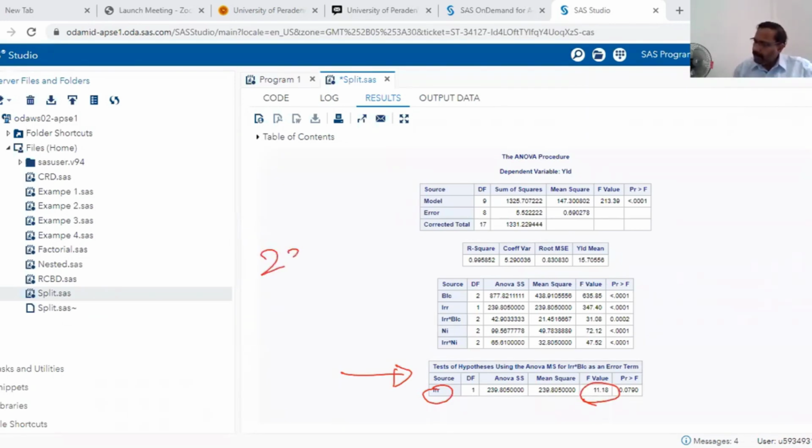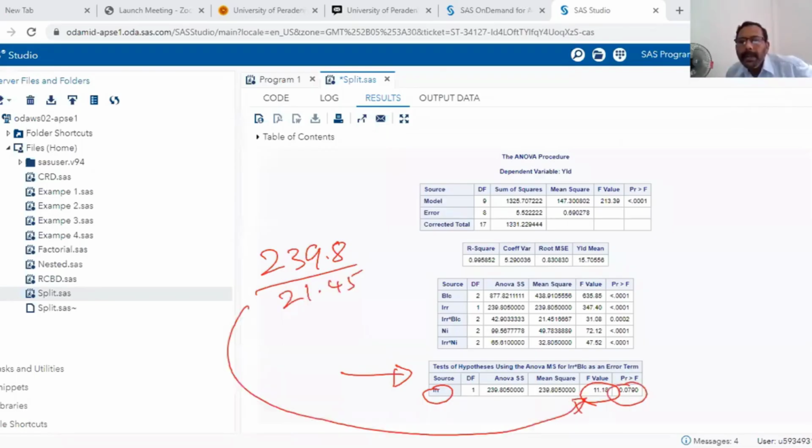So it is 239 point something divided by 21.45. That is the value. But is it significant? The probability value is 0.07.